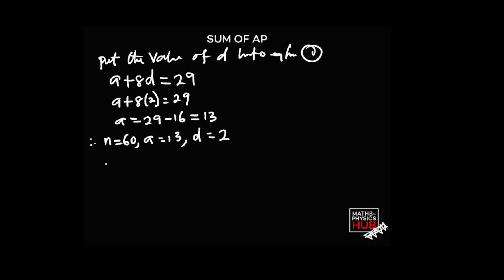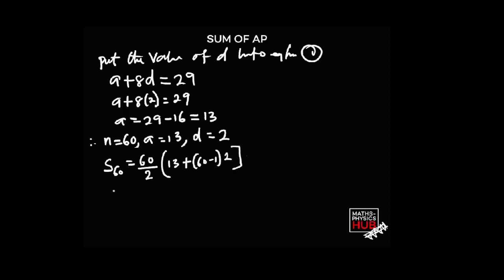So the sum of the 60th term is going to be 60 divided by 2 times A, which is 13, plus 60 minus 1 times D, which is 2.